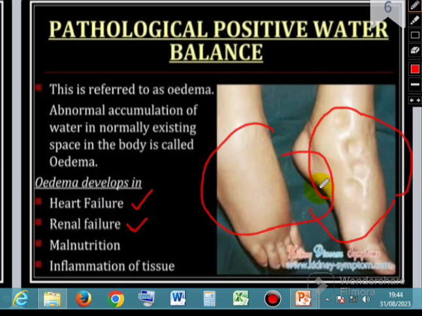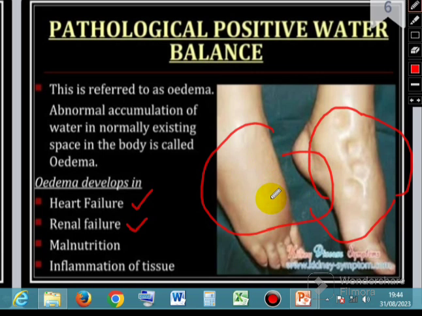You see that the feet begin to swell. Water begins to accumulate around the leg region. And then you know that circulation is compromised.